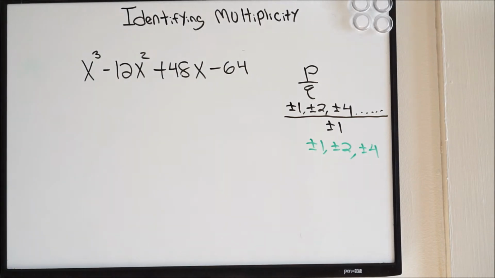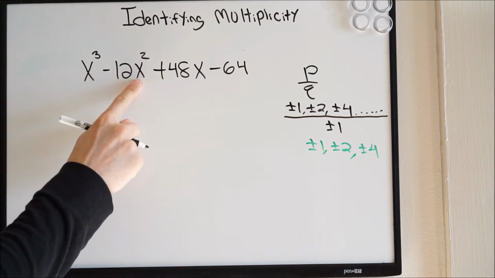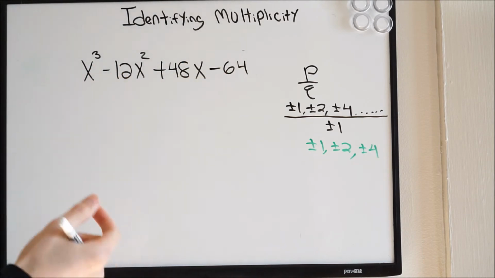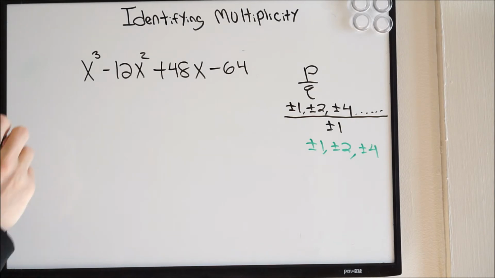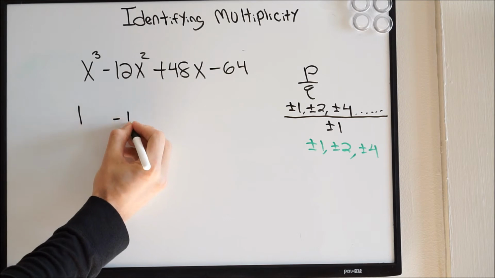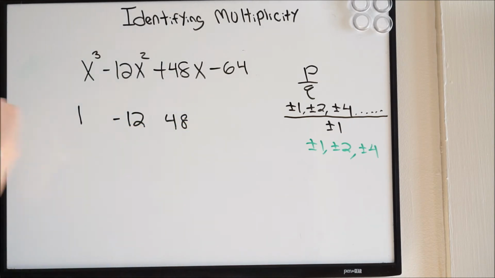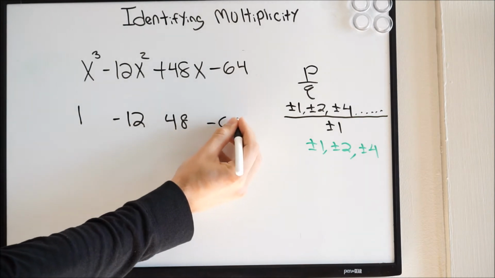Now remember, when you're using the rational root theorem, we're going to have to use synthetic division. So I'm going to set up my synthetic division. Remember, we don't skip any terms here, so we don't have to put any zeros in for the coefficients. So we're going to put 1, negative 12, 48, and negative 64.